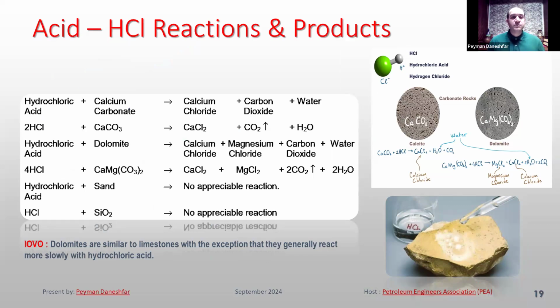For example, when the acid reacts with calcium carbonate, our product will be calcium chloride, carbon dioxide, and water. And when the HCl acid reacts with dolomite, we see calcium chloride, magnesium chloride, carbon dioxide, and water. This is a question just for yourself.